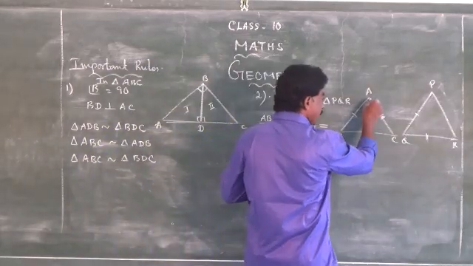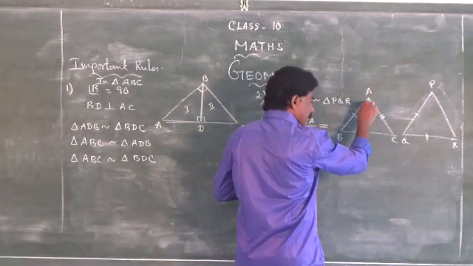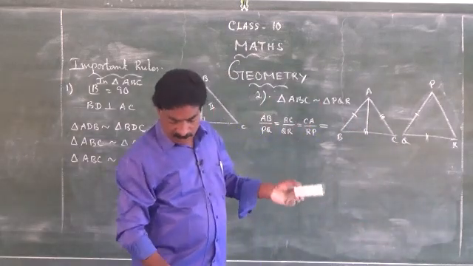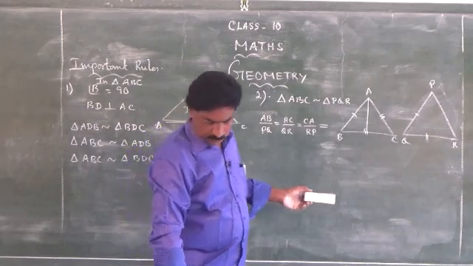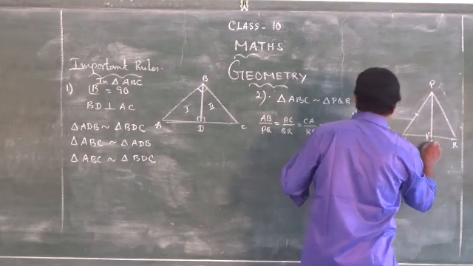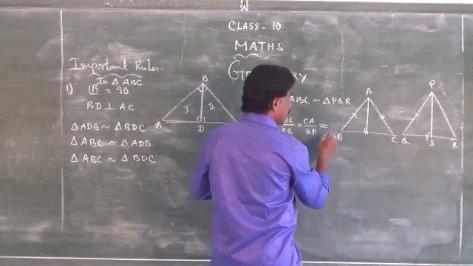Corresponding altitudes means, from A, the altitude, the perpendicular, AD, and from P, PS. So what is the condition?